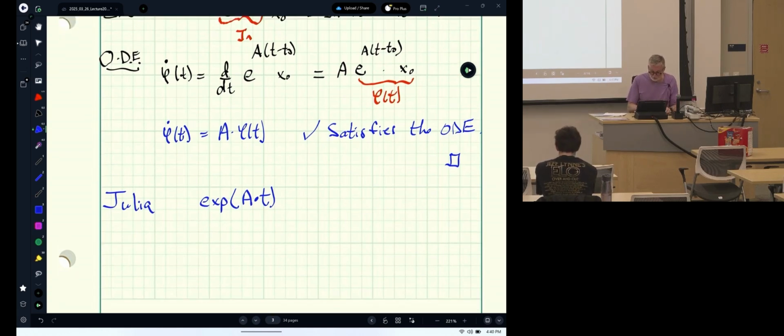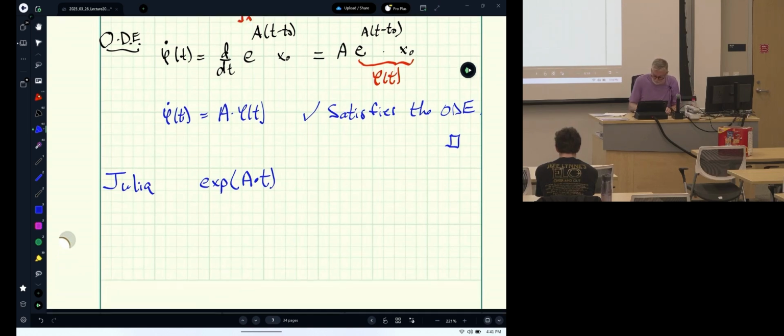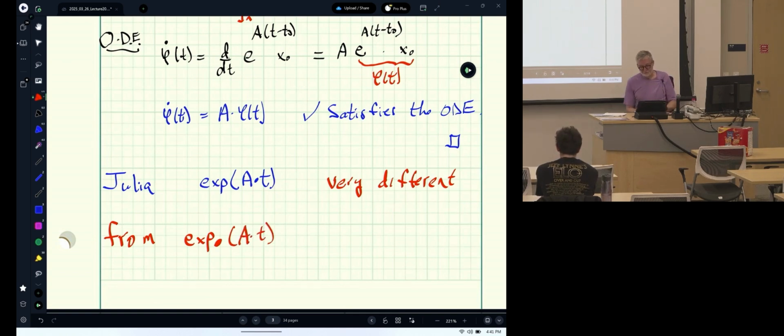So Julia automatically, because it's typed, knows to apply the matrix exponential, and this is, of course, very different. I'm going to keep emphasizing it: if we did broadcasting in Julia, then that would be the exponential applied to each term of the matrix.